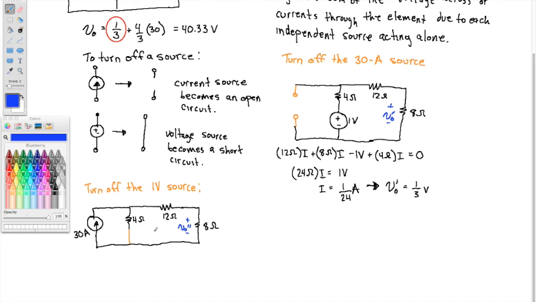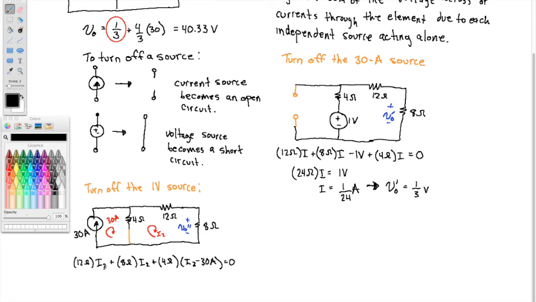All right, well, so I've got this mesh current is 30 amps, right? So let me get this mesh current, call that I2. So if I do KVL around mesh 2, I've got 12 ohms times I2 plus 8 ohms times I2 plus 4 ohms times I2 minus 30 amps equals 0.